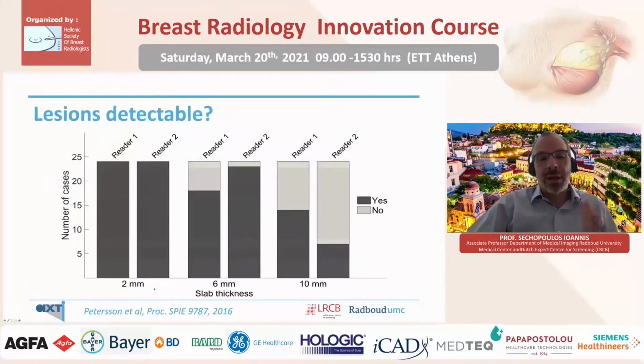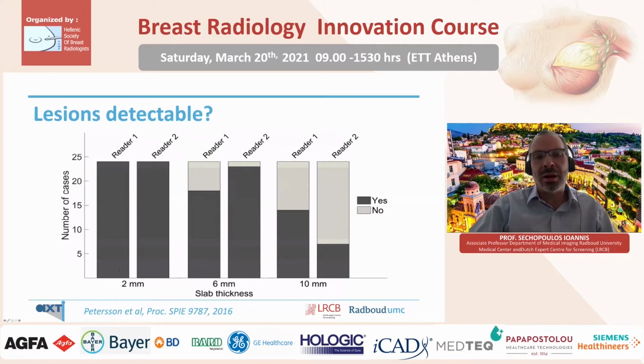Then they wanted to see how much thicker they could go, and two expert radiologists looked at how many lesions they could detect when the slices were thickened from 2 millimeters to 6 to 10. At 2 millimeters, they could see all the lesions. At 6 millimeters, they started missing a few, and 10 was definitely not reasonable.